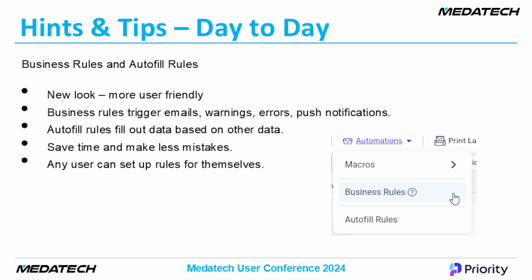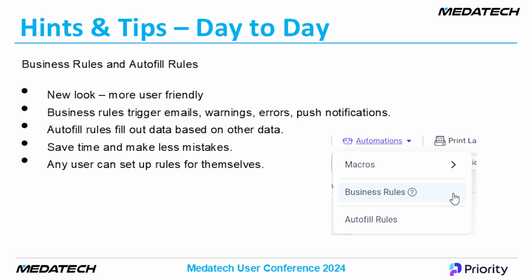It's what it says on the tin, really. With an autofill rule, it's data entered based on data. So if there's always going to be X data based on previous data that was entered, you will set a rule up. For example, when an order is placed for a certain customer, the details will always be filled in as a certain phrase. I will show you that in a minute anyway.